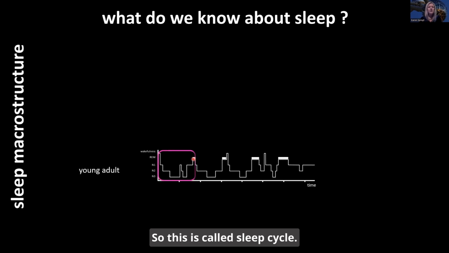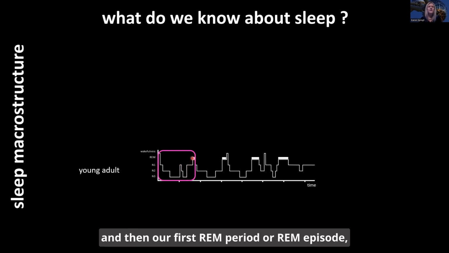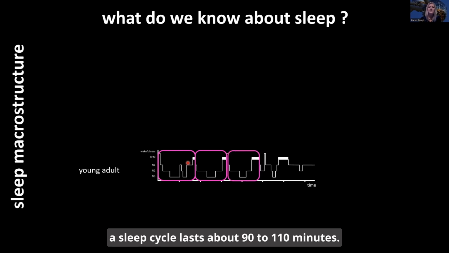This is called a sleep cycle: from non-REM, all the way to a little bit lighter sleep, and then our first REM episode. Depending on our sleep duration, we will have 4 to 6 of these sleep cycles, because in adults, a sleep cycle lasts about 90 to 110 minutes.